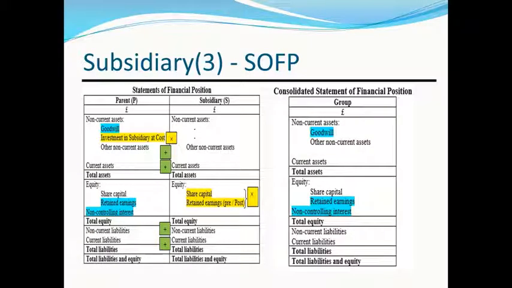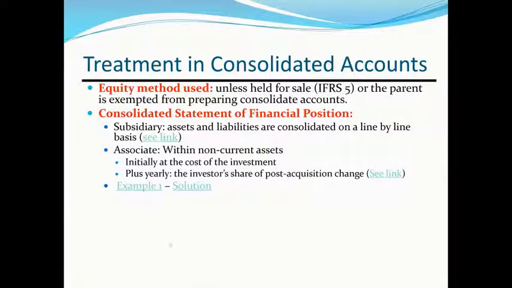And finally, we produce the consolidated statement of financial position, which includes only a single subsidiary. Moving now to the associate, and the associate here, according to the equity method, will be classified under non-current assets.